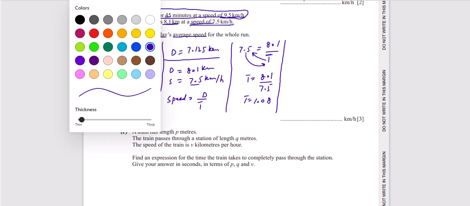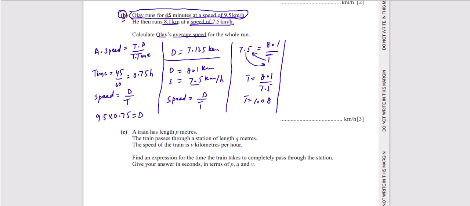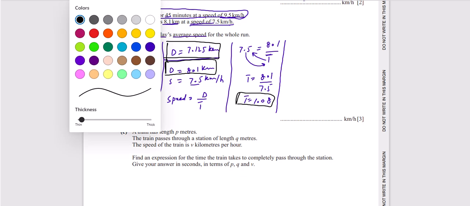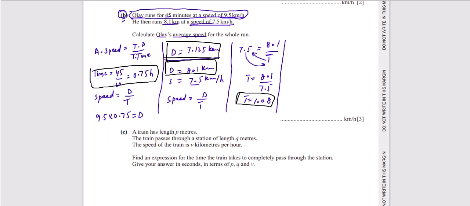Now this one is first time, and this one is second time, and this one is first distance and this one is second distance. Now we calculate average speed using this formula. Average speed is equal to total distance.